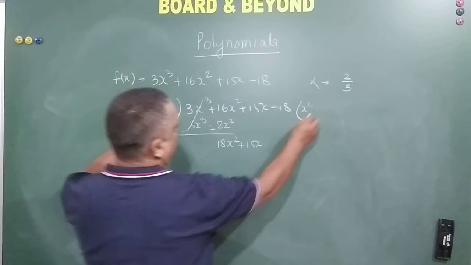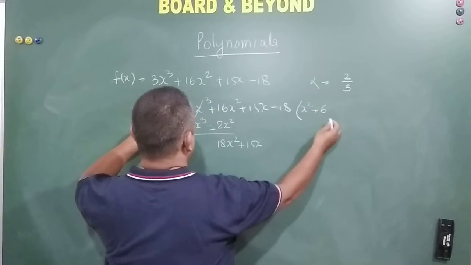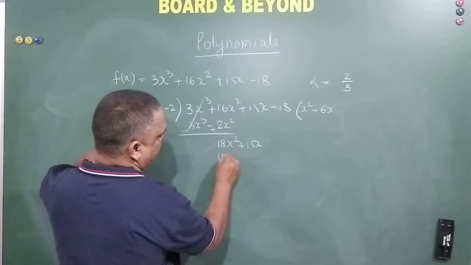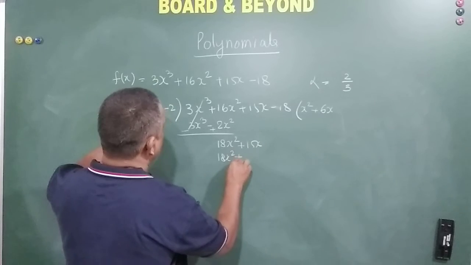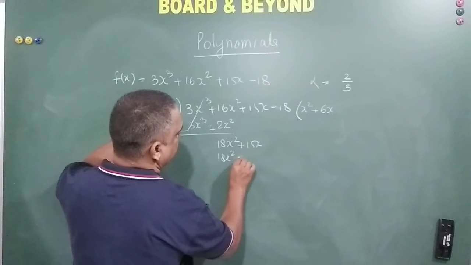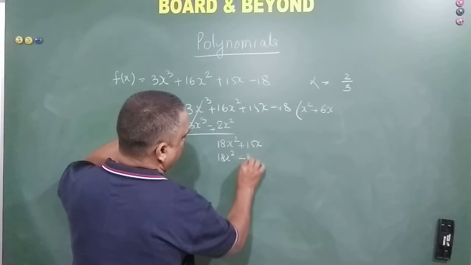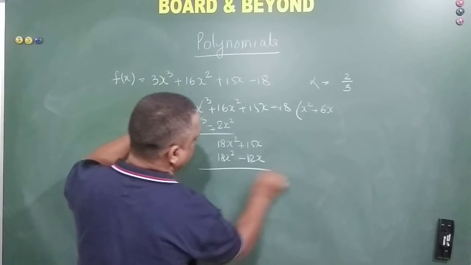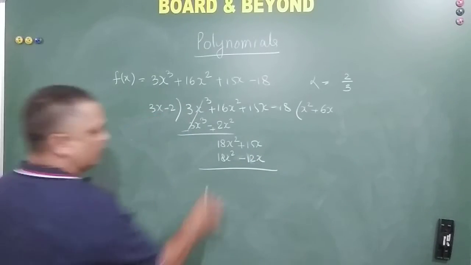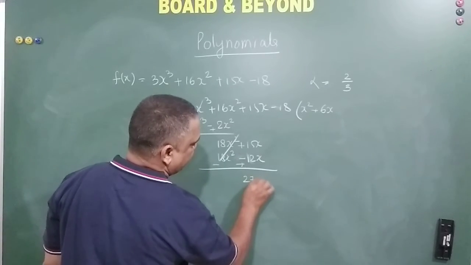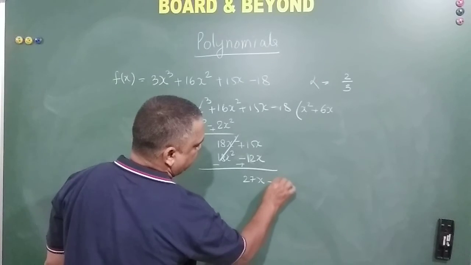Now 18, I take x. This is 18x square minus 12x. I hope you are able to follow me. This is 27x minus 18.